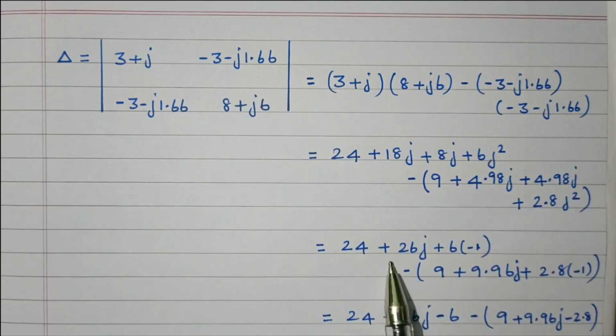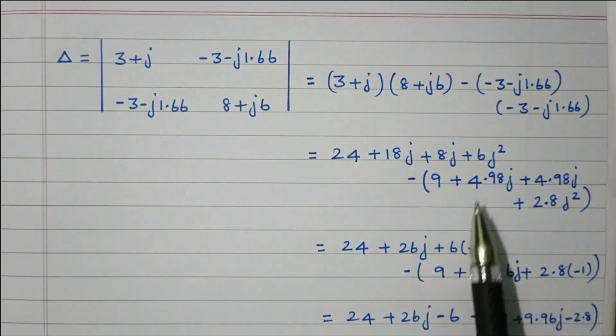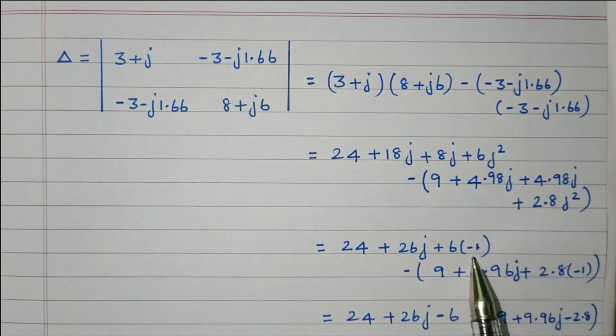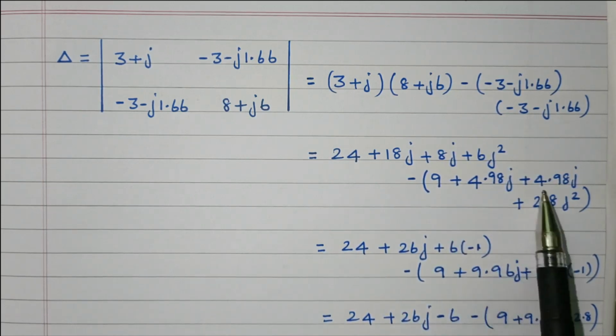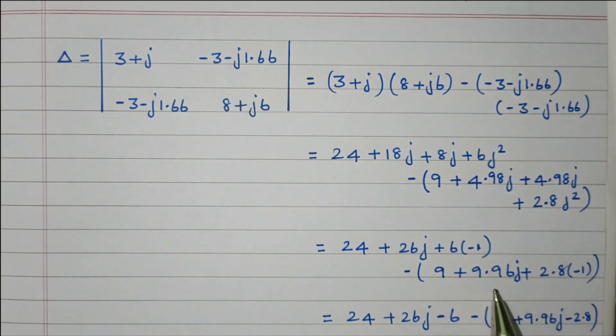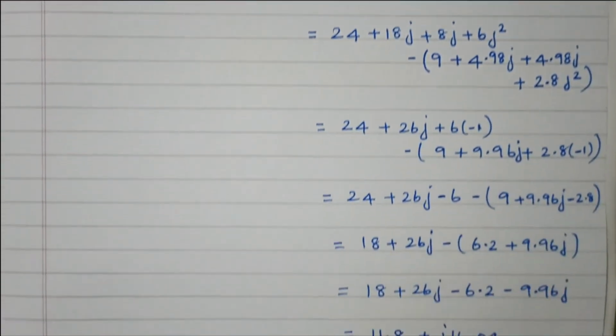Now we'll go for further simplification. 24 plus this 26j, you have to add these two. 26j plus 6 j square, and j square is minus 1. We know that the j square value is minus 1. Minus of 9 plus these two we can add: 4.98j plus 4.98j, that is 9.96j. Similarly, j square is minus 1.